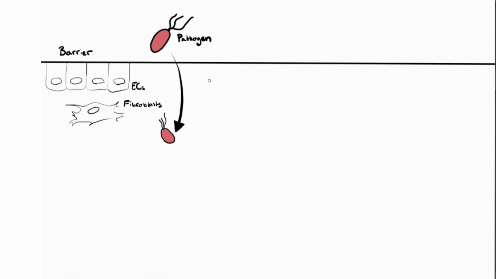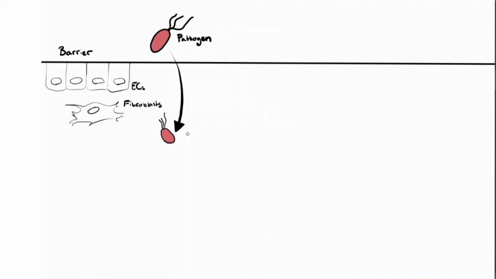Okay, so in this case, I have drawn a pathogen here. This is a bacteria, but it can be pretty much anything like a virus, protozoa, fungi, or whatever. And this pathogen has somehow been able to cross a bodily barrier. It can be the skin, the lungs, the guts.